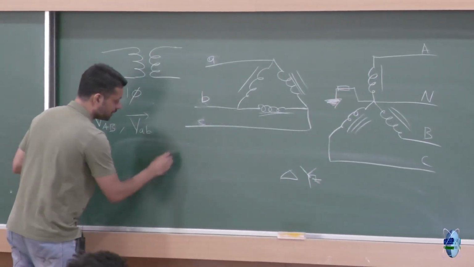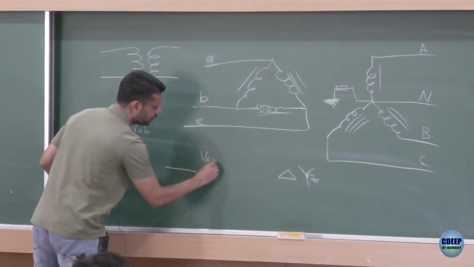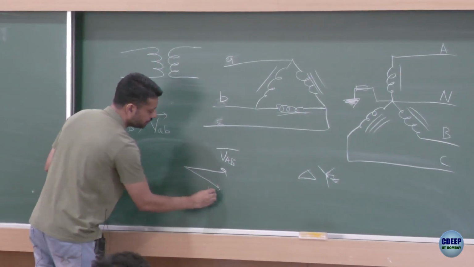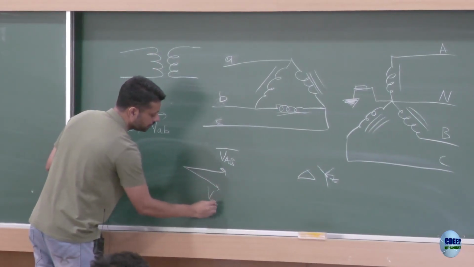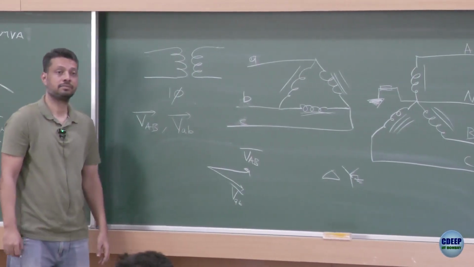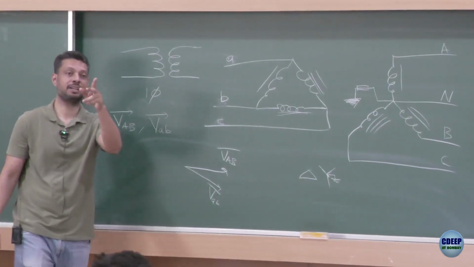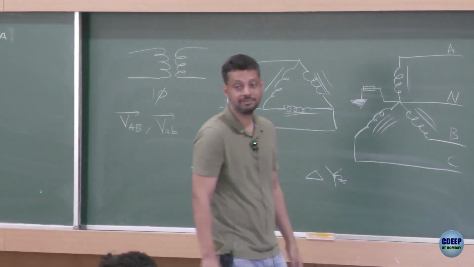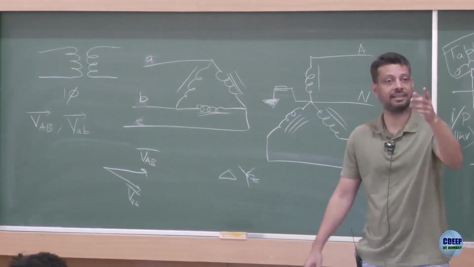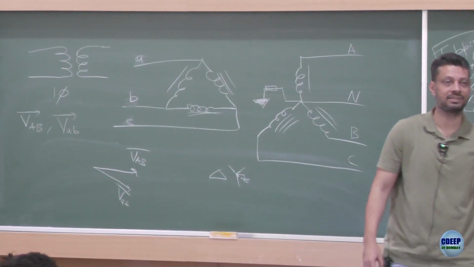Okay, I am just drawing what you are saying. If this is VAB capital, then small Vab is lagging VAB. Is that what you mean? Let us just first figure out the angle. Is this correct in terms of angle? Magnitude we still have to discuss.